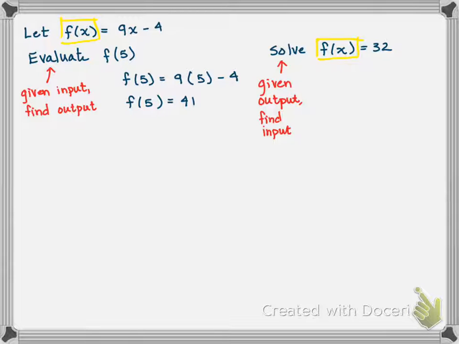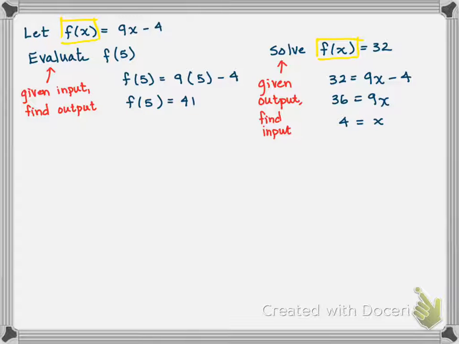So that entire thing, f of x, not just the x, but the whole entire left side, we're going to replace with 32. So we have 32 equals 9x minus 4. And then we just have a regular old equation that we know how to solve. So we add 4 to both sides. And we divide by 9, so we get 4 equals x.